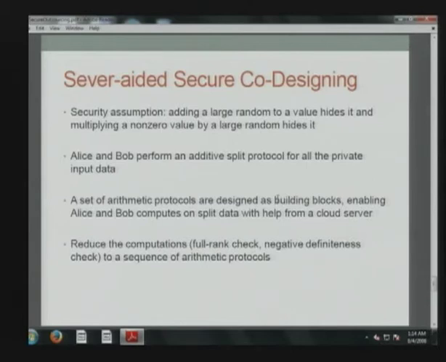high-level protocols to reduce the computation to a sequence of such building blocks. We can reduce a full rank check to Gaussian elimination, and in each step we use some arithmetic protocols. We can also reduce our problem of negative definiteness check into a set of protocols to compute the determinant of matrices.